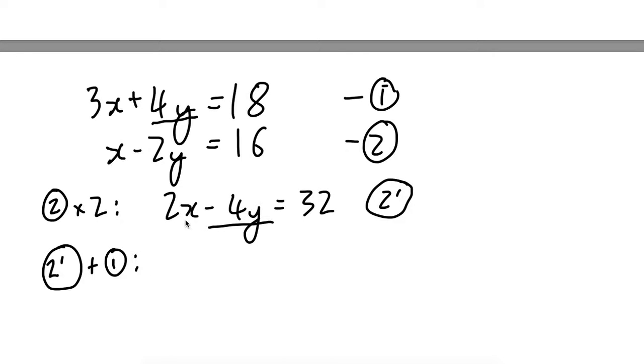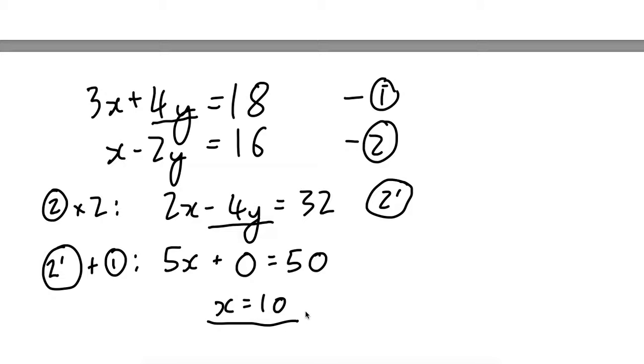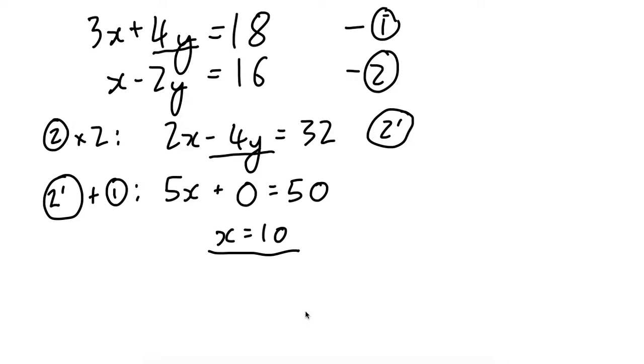So 3x plus 2x is 5x, plus 4y plus minus 4y is 0, and 18 plus 32 is 50. So if we divide both sides by 5 to get x on its own, x equals 10, which is the same solution that we got before, which is encouraging because it's the same set of equations. It should be the same solution.